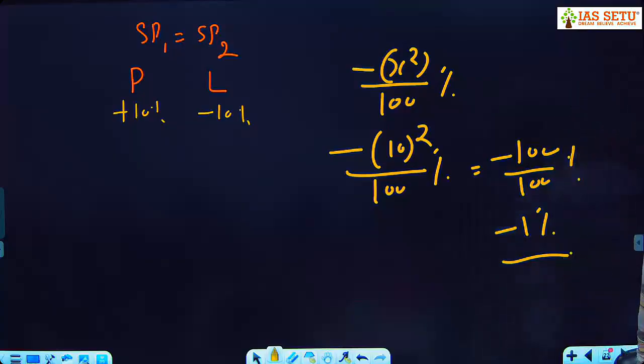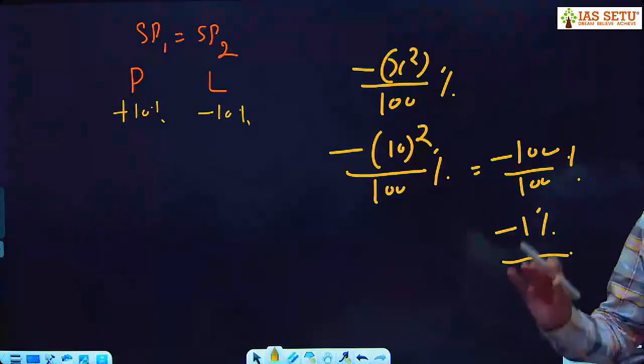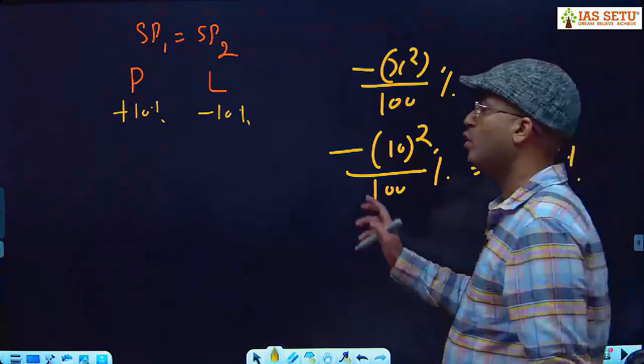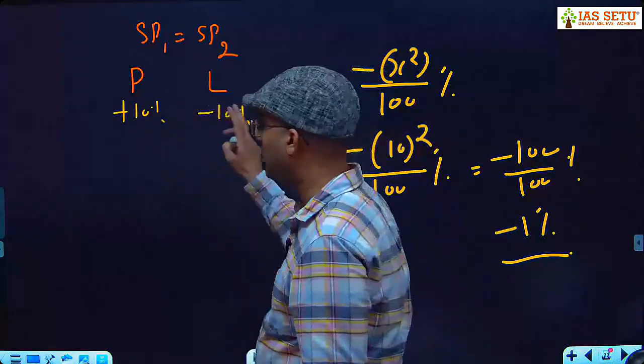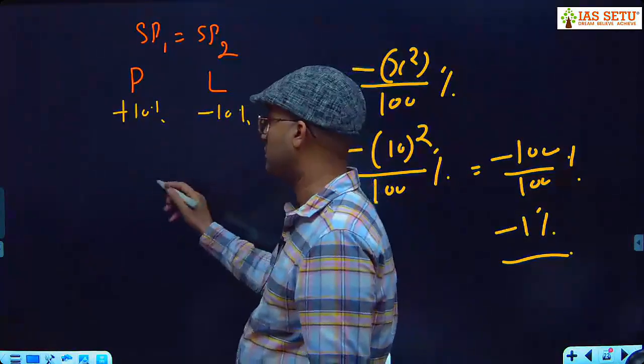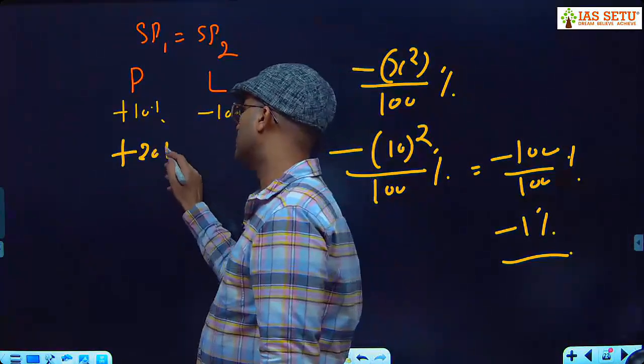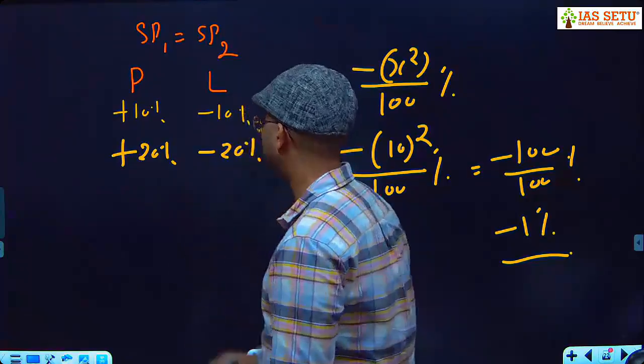So overall there is 1% loss. But you have to understand the type. Selling price is the same, not cost price. जब दो article का selling price same है, on one there is X% profit, on another article there is X% loss.